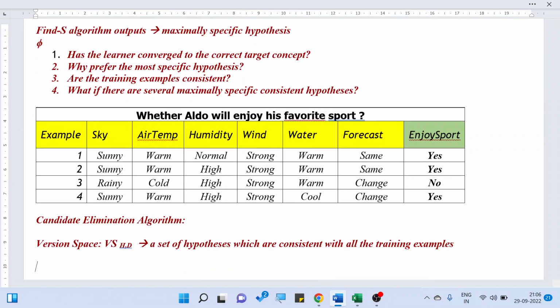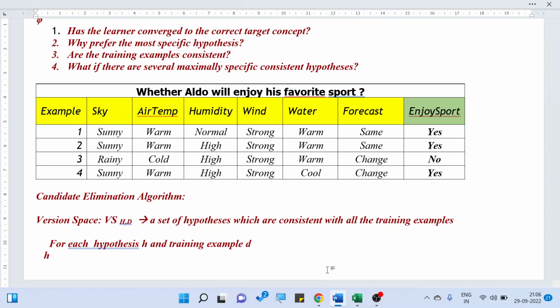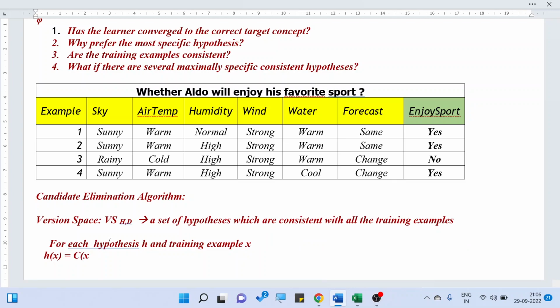That means for each hypothesis h and training example D, h of x should be equal to the target concept given in the training examples.